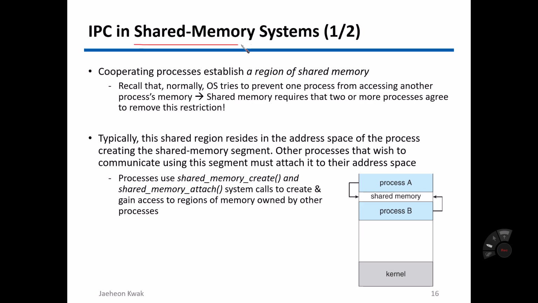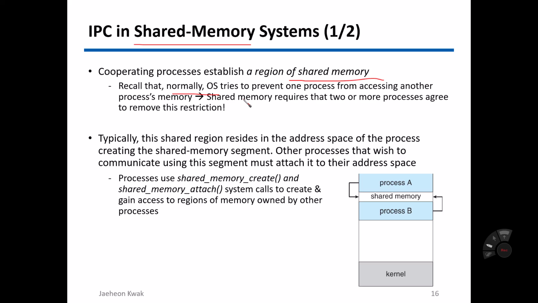So we can support IPC through memory sharing. Shared memory means that we will establish a region of shared memory. Normally, the operating system tries to prevent one process from accessing another process's memory.